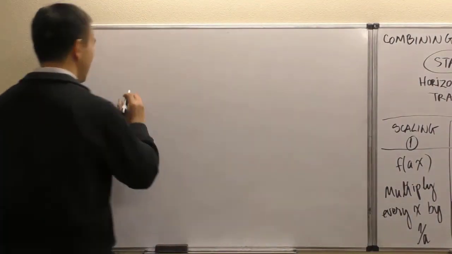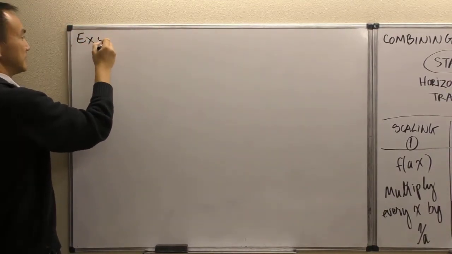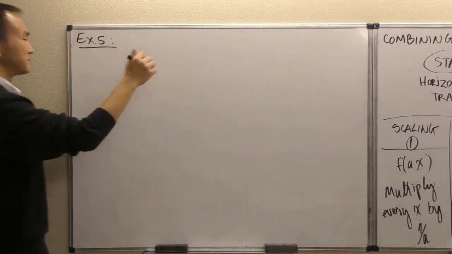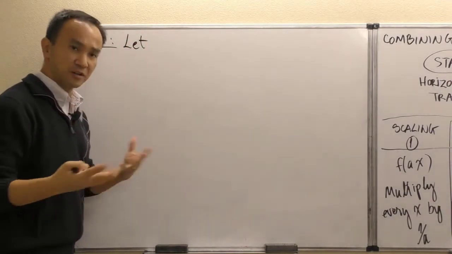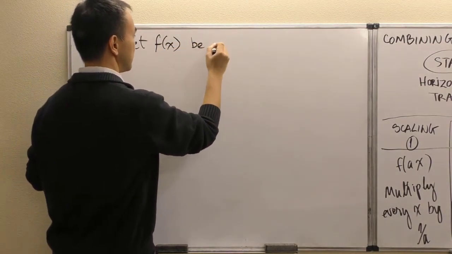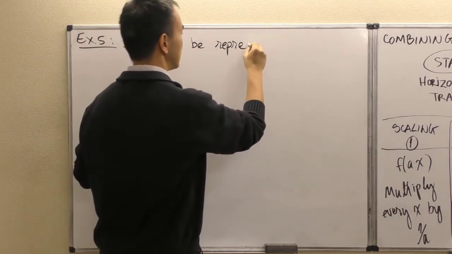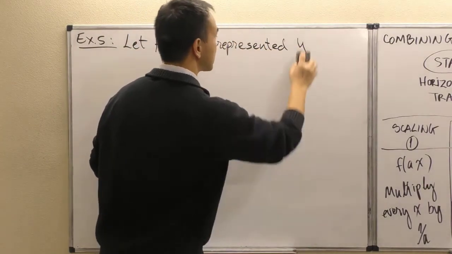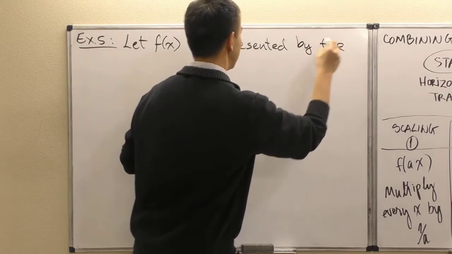All right, so now continuing into this lecture, let's look at example 5 right here. We're going to start out with a given function through a graph. So let f of x be represented by the given graph.